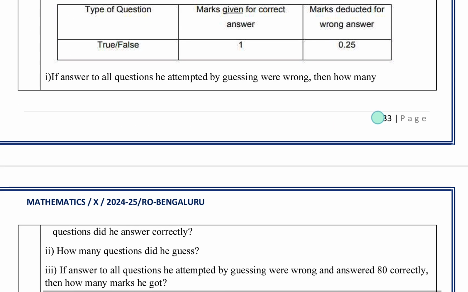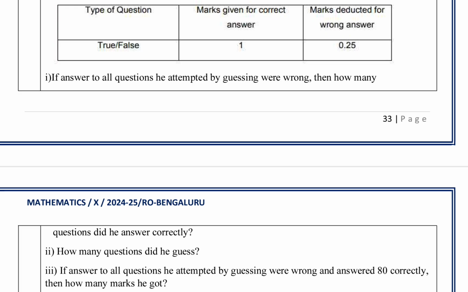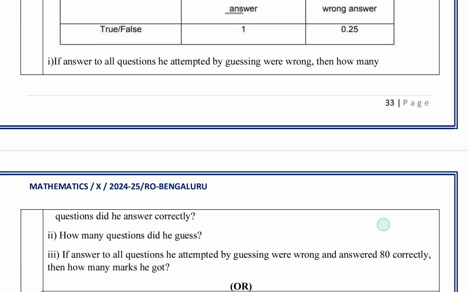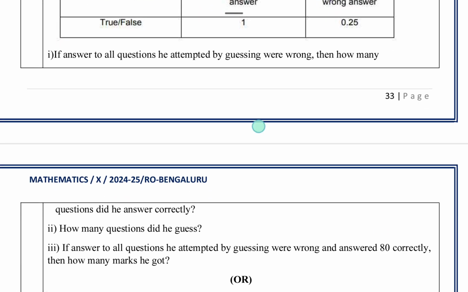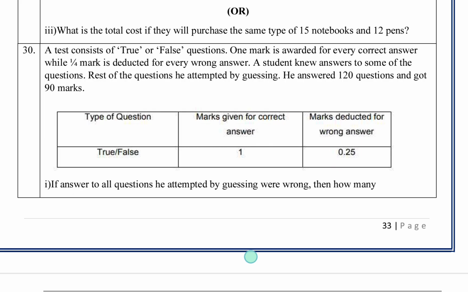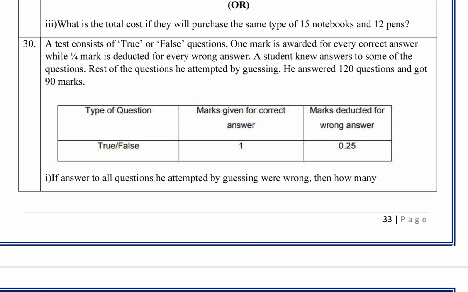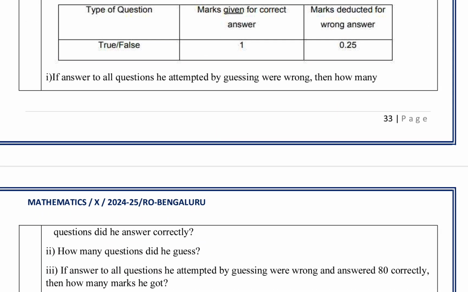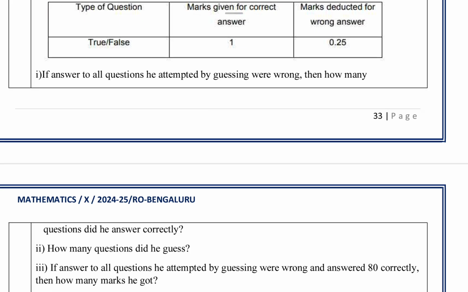So the question is, if answers to all questions he attempted by guessing were wrong, how many questions did he answer correctly? So he will answer 96 questions correctly.